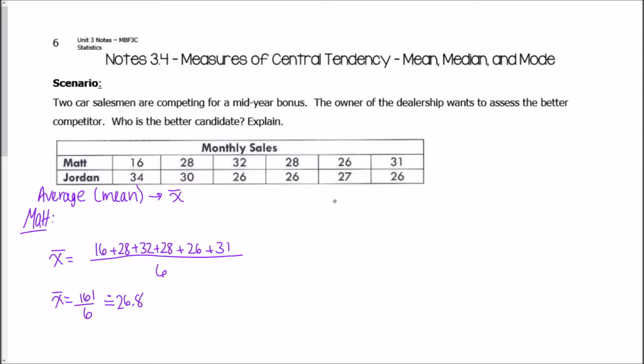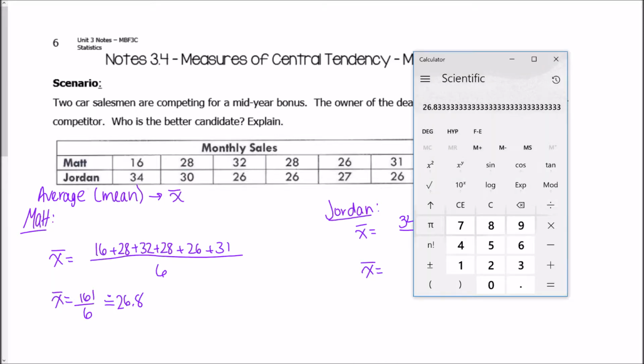Now let's talk about Jordan, and we'll find his average. So for Jordan, same thing, I'm going to find the average by adding up all of his months and then dividing by 6. So 34 plus 30 plus 26 plus 26 plus 27 plus 26, and that's all going to get divided by 6. So let's go ahead and add those together.